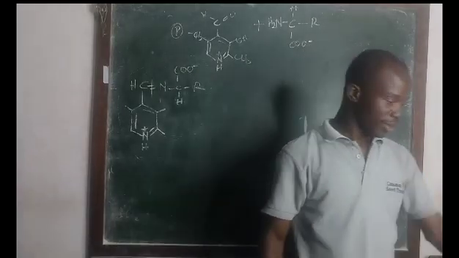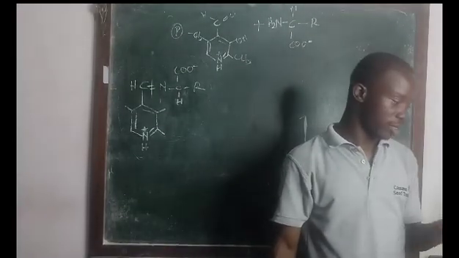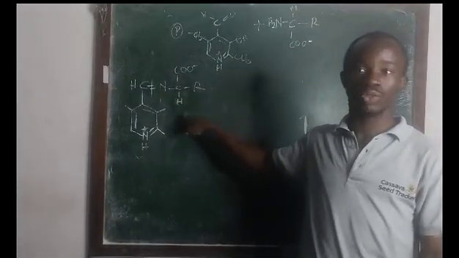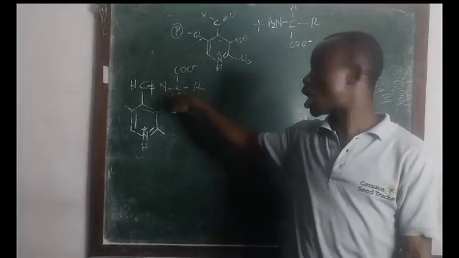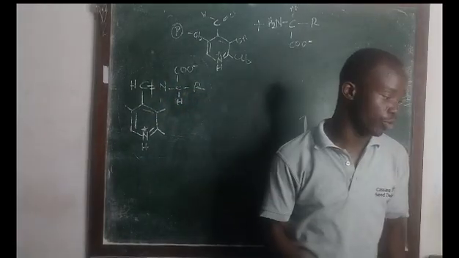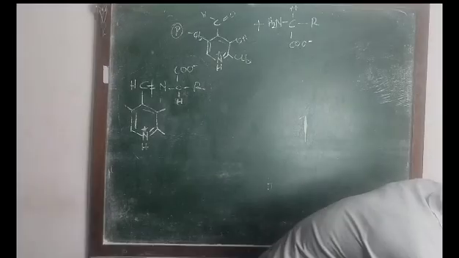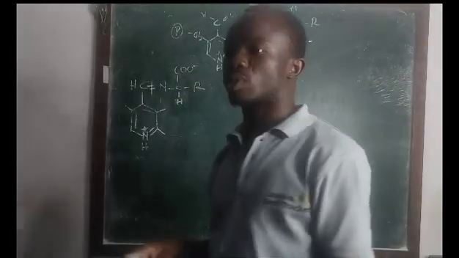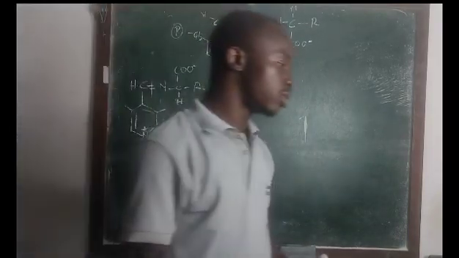So now the first one, let's write removal of alpha. I've said with this particular thing being formed, you can remove any of the four groups around the alpha carbon. So let's write the first one, removal of alpha hydrogen.